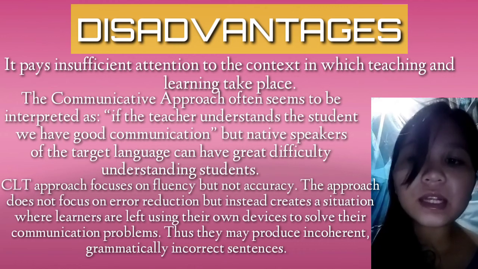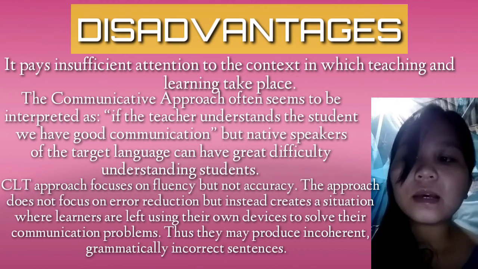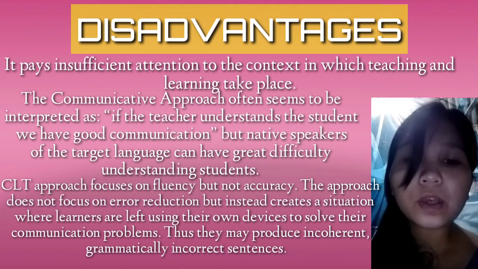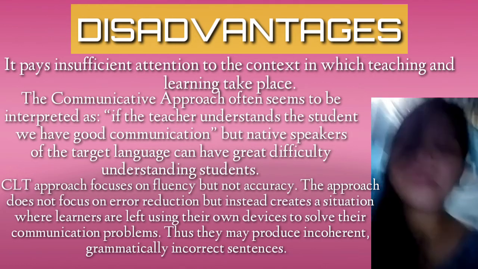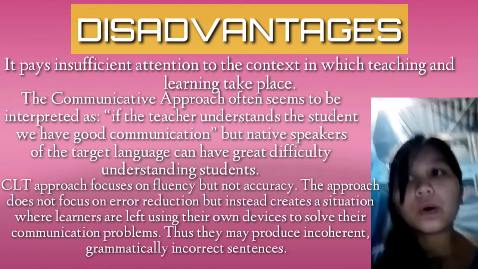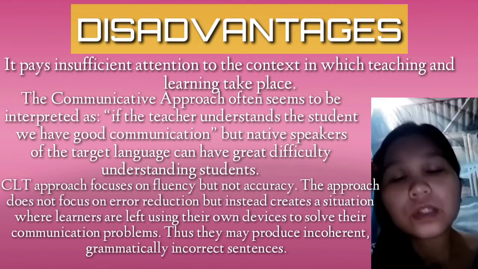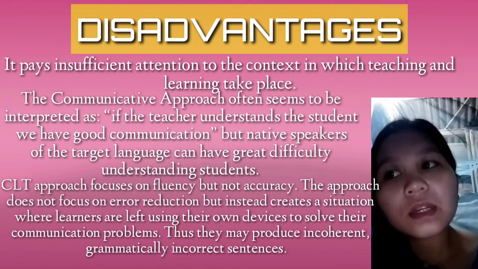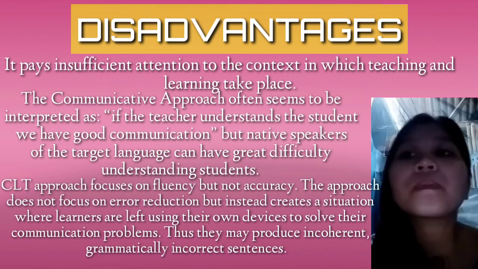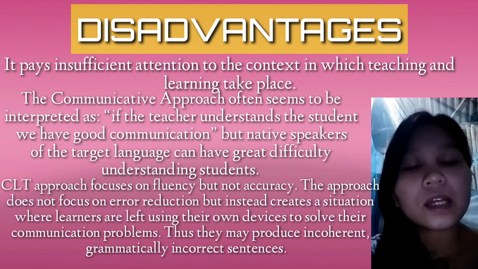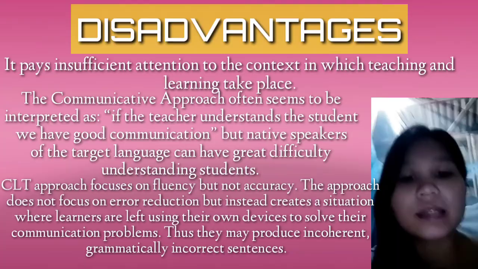It does not focus on error reduction but instead creates a situation where learners are using their own devices to solve their communication problems. Thus, they may produce incoherent, grammatically incorrect sentences.